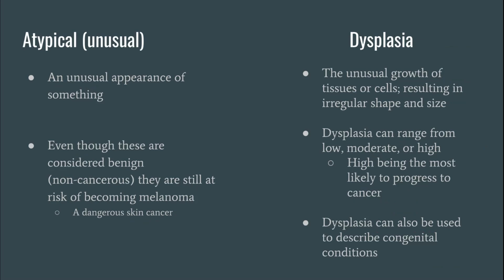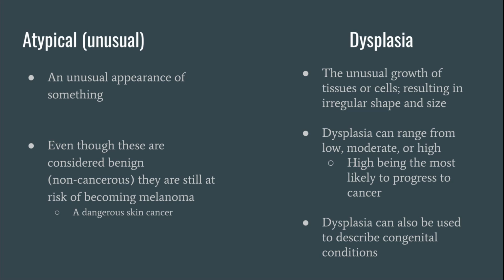Next is atypical. This term refers to an abnormal condition or state which differs from what is considered typical. In dermatology, this commonly refers to a nevus that appears abnormal. A nevus is another term for a mole.